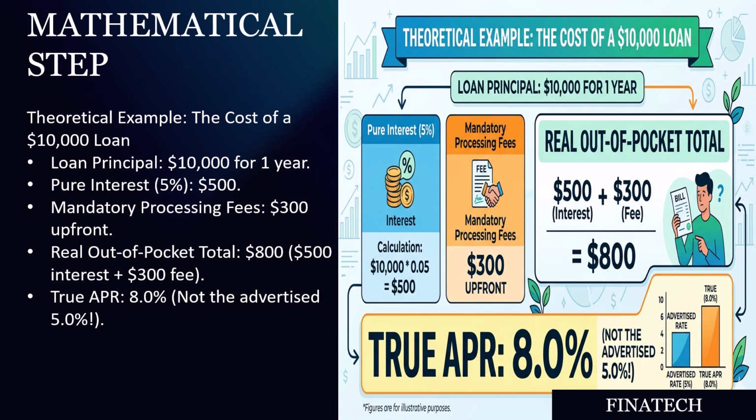But if the bank hits you with 300 in upfront processing fees, your total cost jumps to 800. In reality, your true APR is 8%. See how the advertised rate hid a massive chunk of the costs.